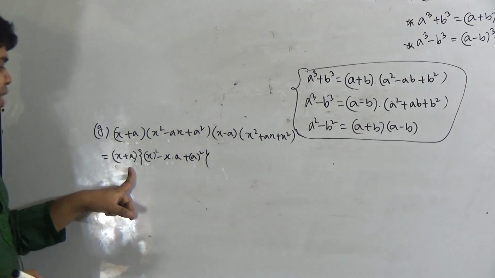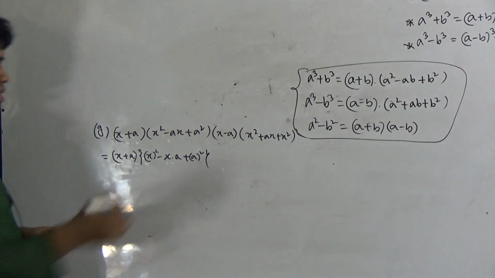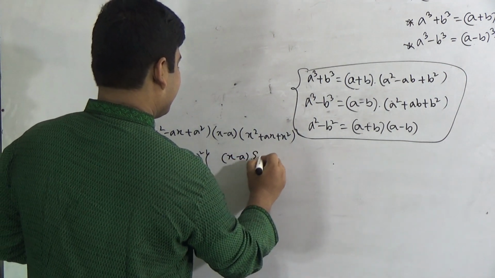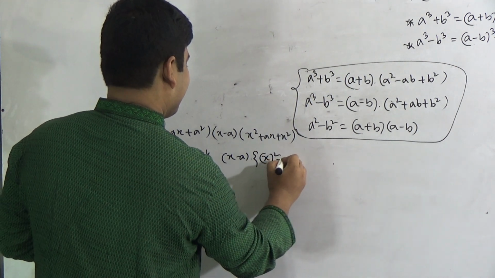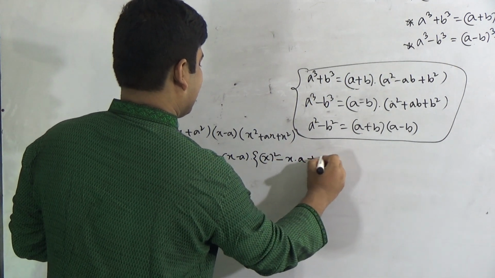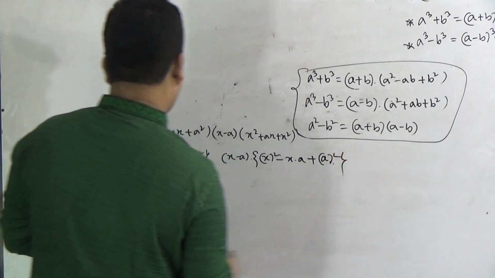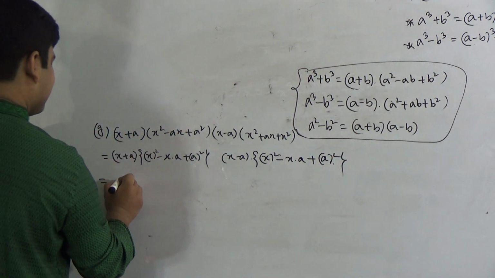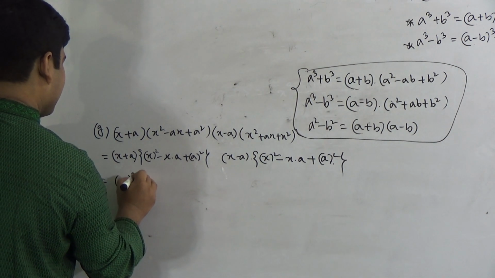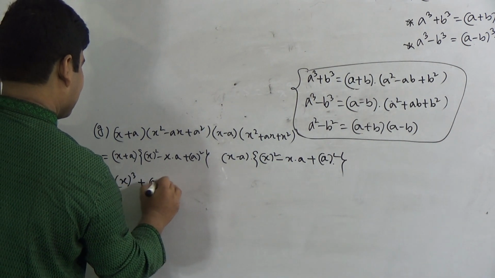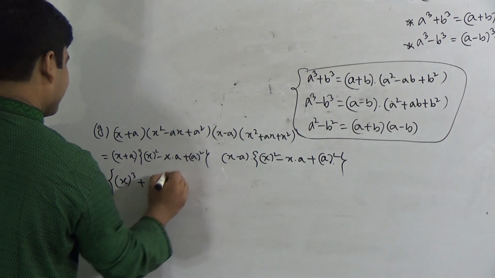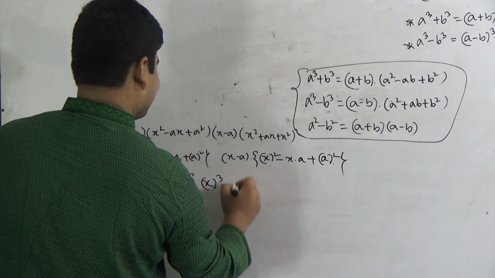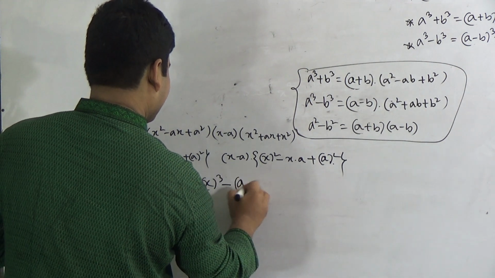We just want to make it a cube plus b cube formula. Similar way, x minus a into x square plus x into a plus a square. Okay, this is the formula of a cube plus b cube. Here a means x, so x cube plus a cube.